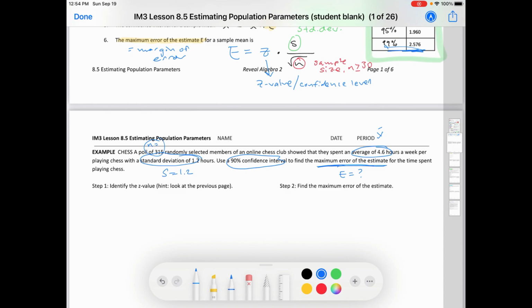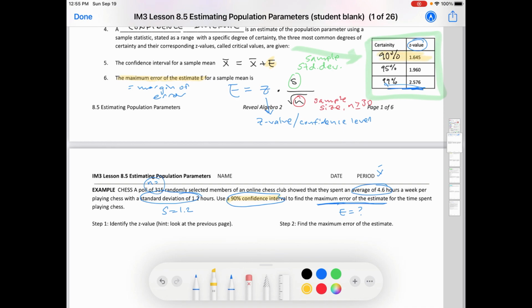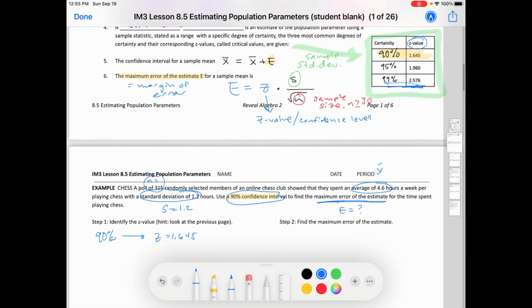What is E? So I broke this down into some steps. Step number 1, find the Z value. So with a 90% confidence interval, we're going to have to use the Z-score of 1.645. So 90% is equal to Z equals 1.645.